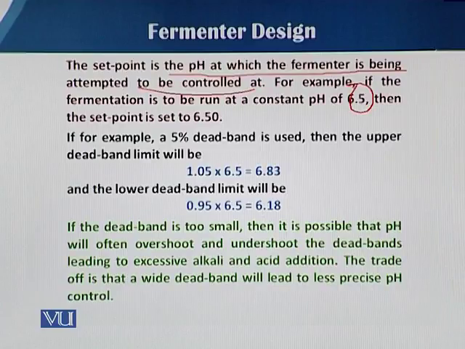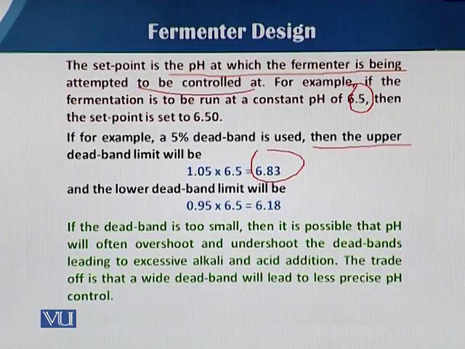Dead band means the range in which neither the acid pump nor the alkali pump will be switched on. So that 5% is our dead band. By calculating that, 5% plus is 105 divided by 100, meaning 1.05. Multiply by the set point, and the answer is 6.83.